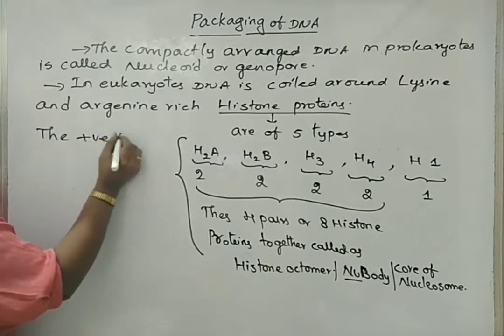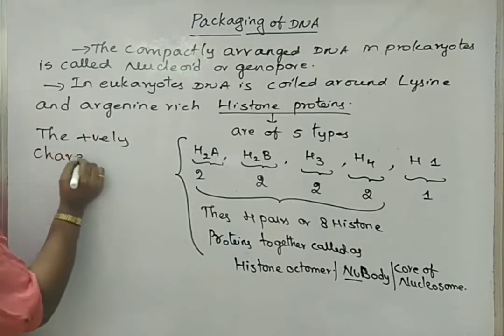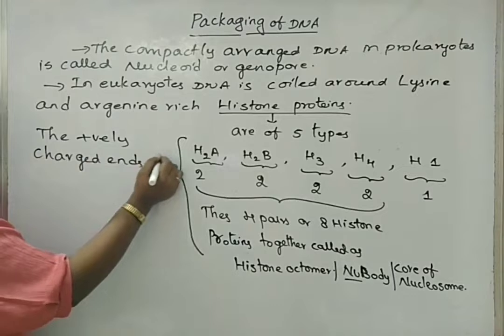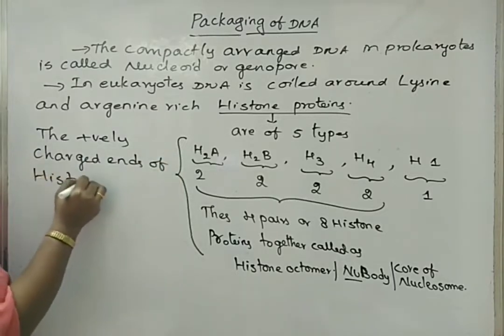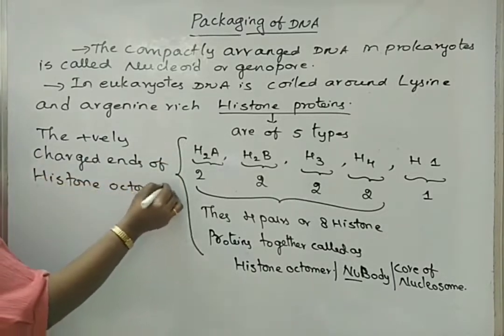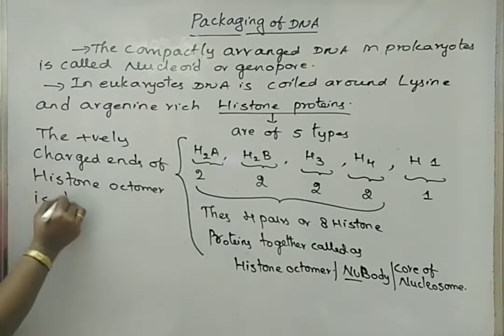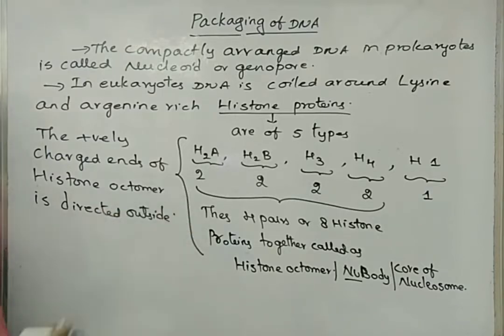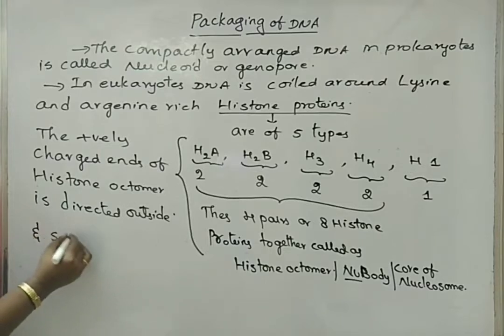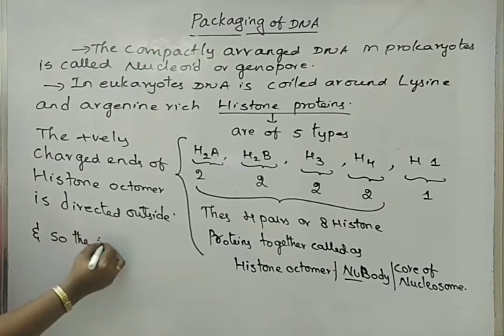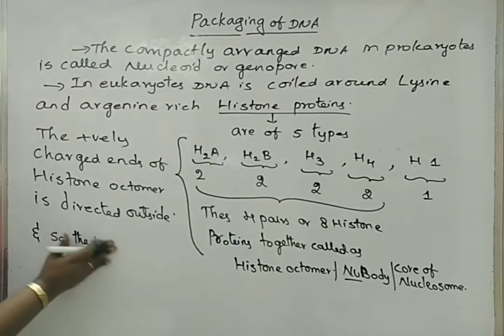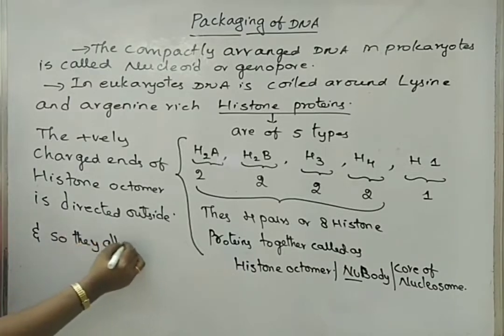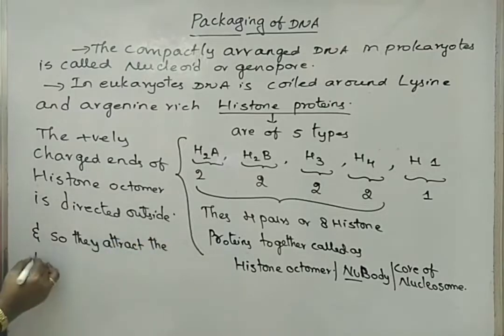The positively charged ends of the histone octamer are directed outside, so they attract the negatively charged DNA.